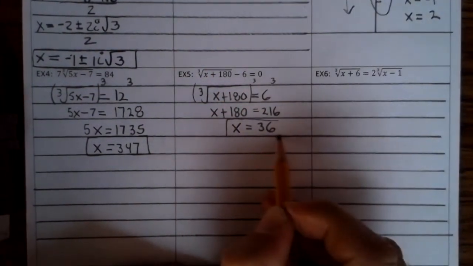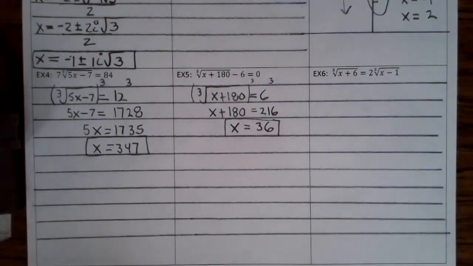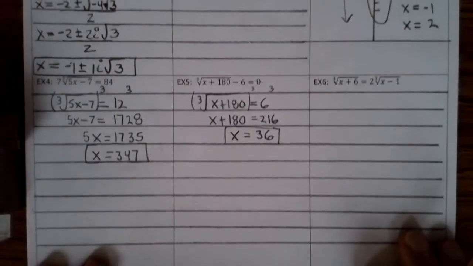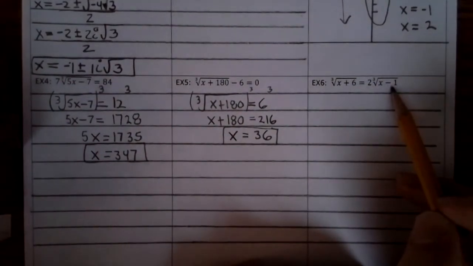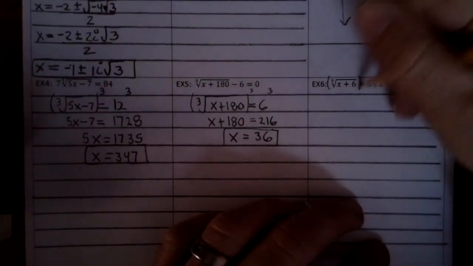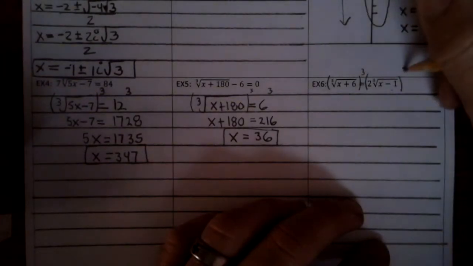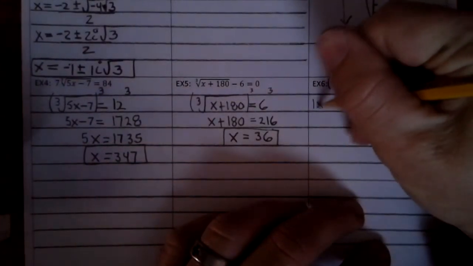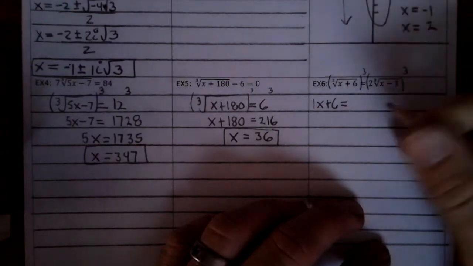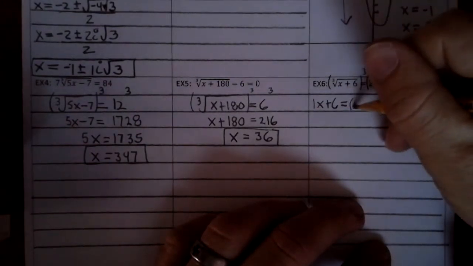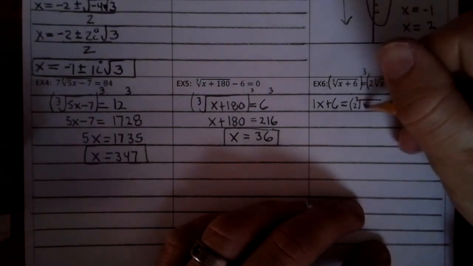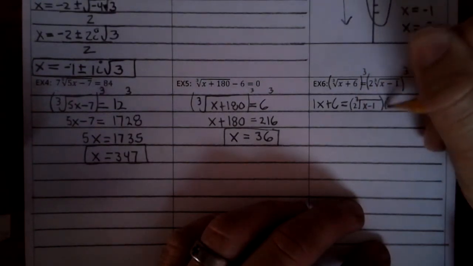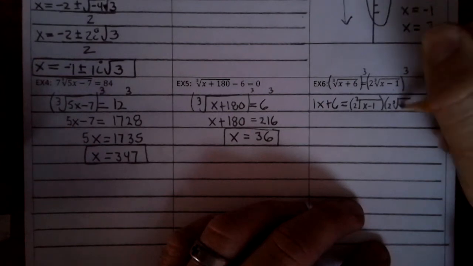All right, last example. The cube roots are as isolated as they can be, so we're going to cube both sides. This becomes power of 1, so you're left with 1x plus 6. This, though, is 2 cube root of x minus 1 times 2 cube root of x minus 1 times 2 cube root of x minus 1.